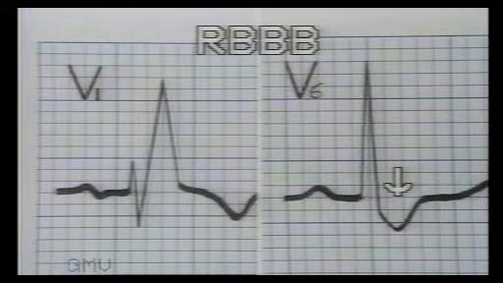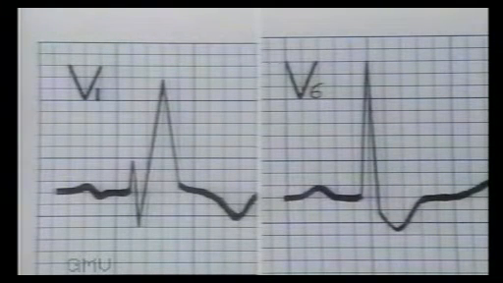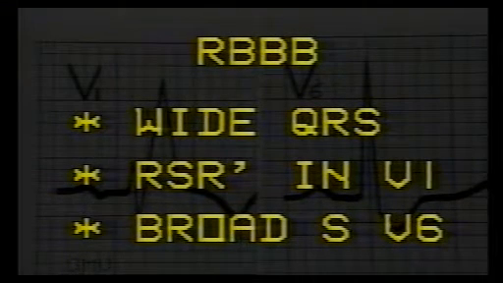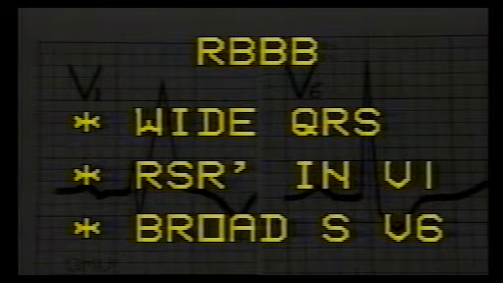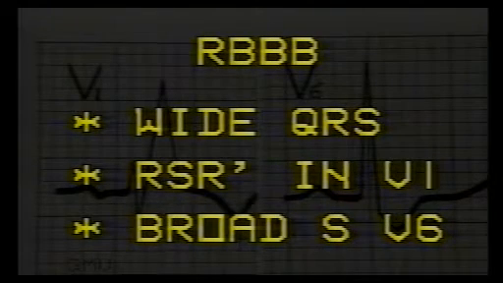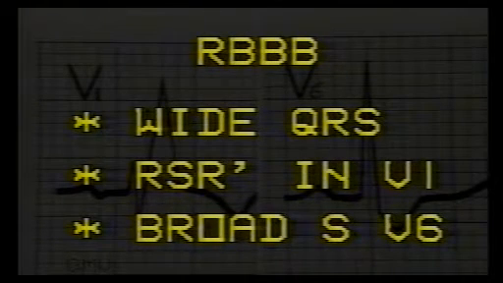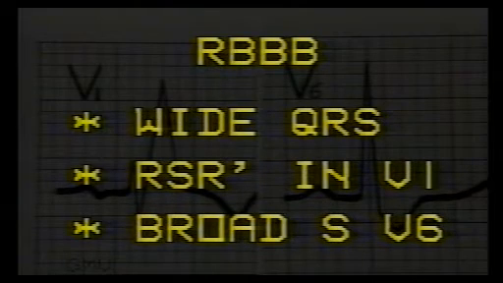It may also be associated with right axis deviation. To revise, right bundle branch block shows wide QRS complexes 3 mm or more wide, RSR' pattern in V1, broad S wave in V6, and right axis deviation may be present.